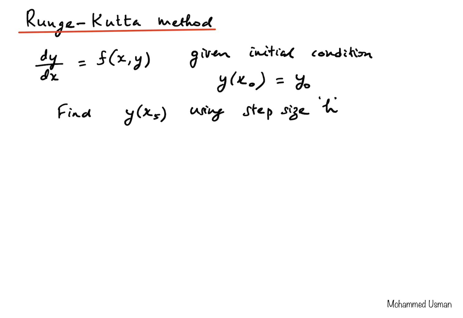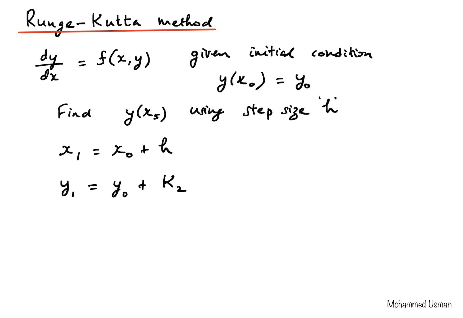So the procedure is, given the initial values x naught and y naught, we will find the new value, which we'll call x1, equals x naught plus h, and we'll compute the new value of y, which we'll call y1, as y naught plus a parameter called k2.